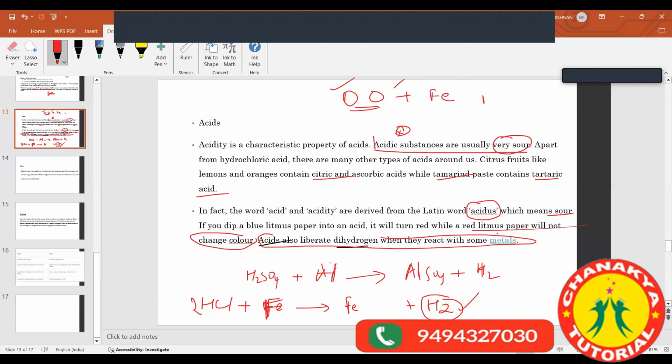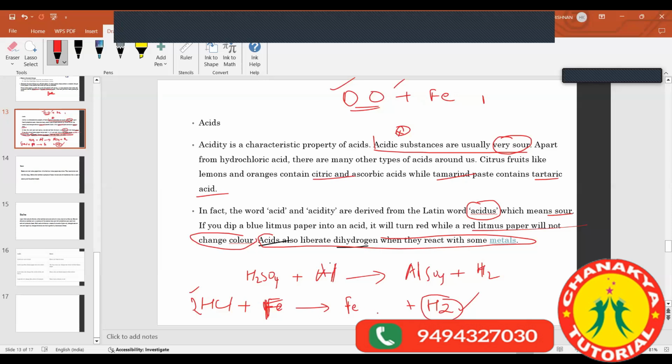For example, if I'm making noodles with one packet, and if I'm making the noodles with the mega family packet, will the taste change? No, ma'am. But quantity will change. Exactly. If I take two HCl, quantity will increase, but no change in any reactivity.